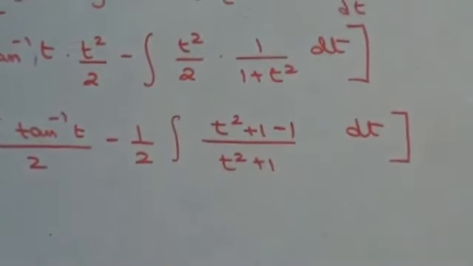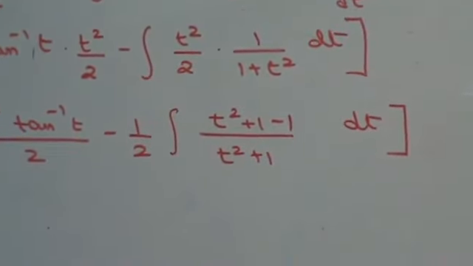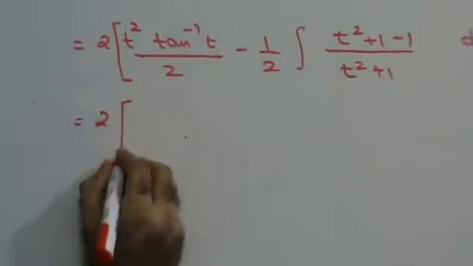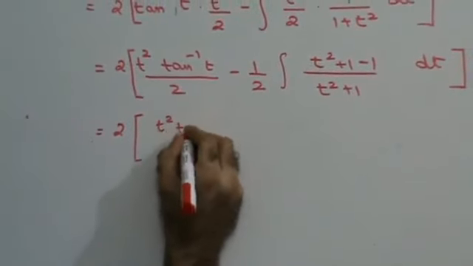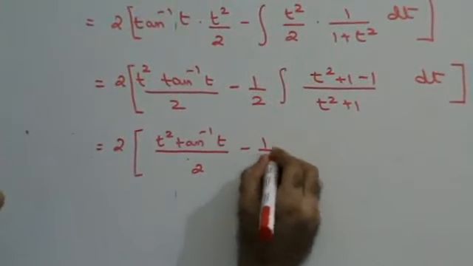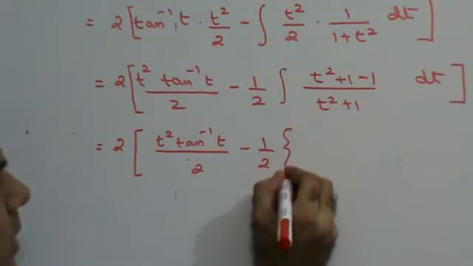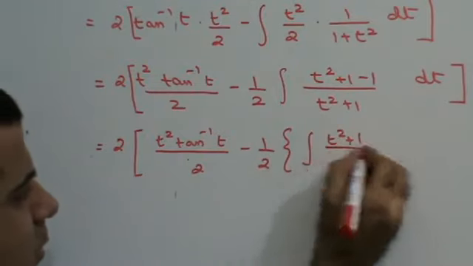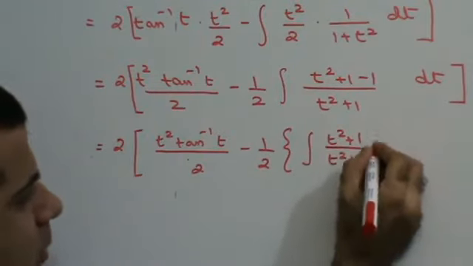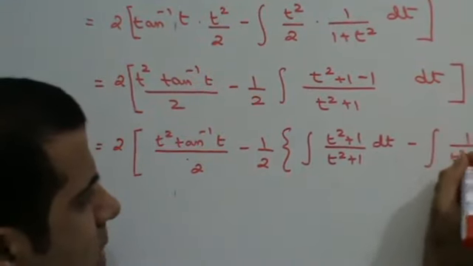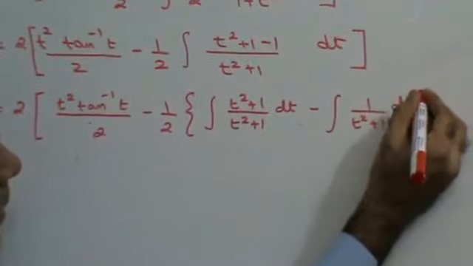Add 1, subtract 1. That way you can introduce the denominator in the numerator. Fine. This can be written as 2 t square tan inverse of t upon 2 minus 1 upon 2. Split the integral sign, so this will be the integral of t square plus 1 upon t square plus 1 dt minus the integral of 1 upon t square plus 1 dt.